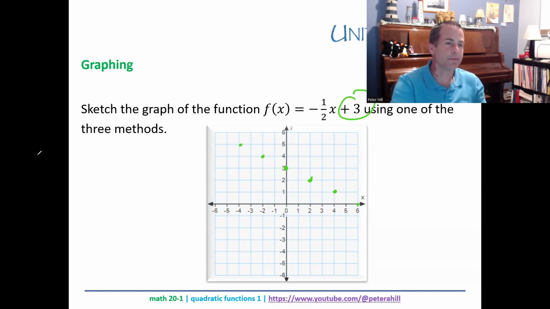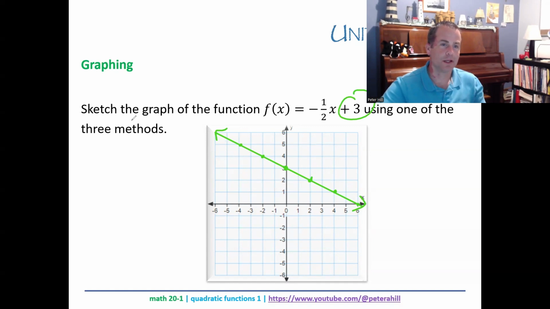Okay. And I'm going to connect those dots with a line. And then I'm going to make sure that, because this is a hand-drawn graph, I'm going to put arrowheads on, okay?